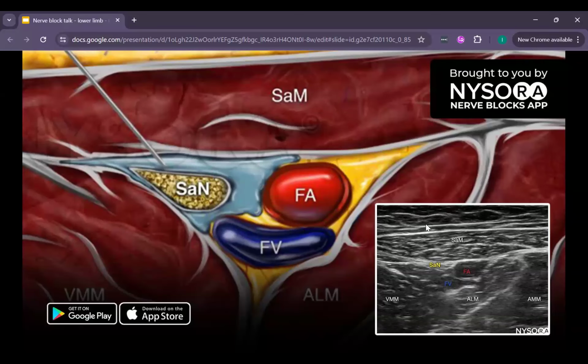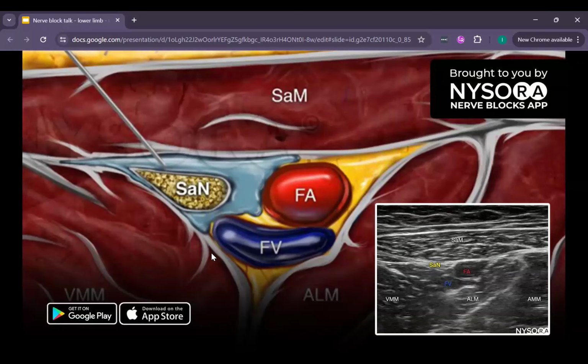The other thing to keep in mind with this block, within the adductor canal, there's also the NVM, the nerve to vastus medialis, and there's a little bit of growing evidence that both nerves can or should be blocked.